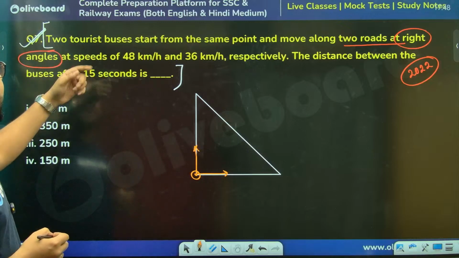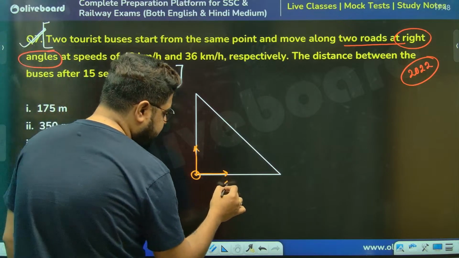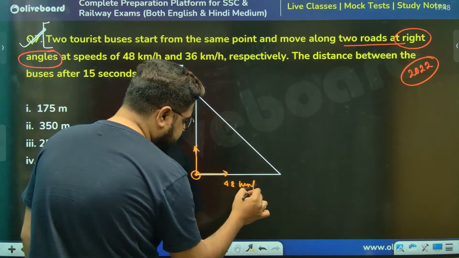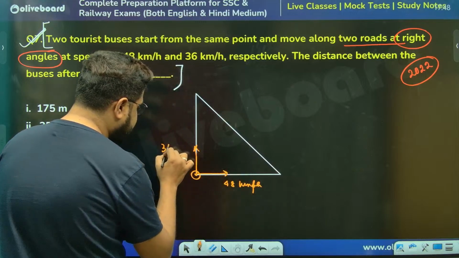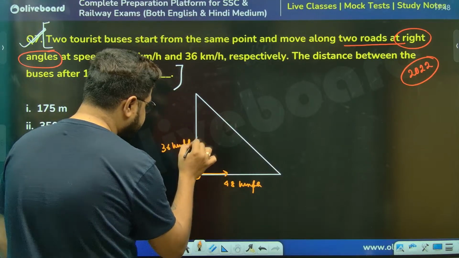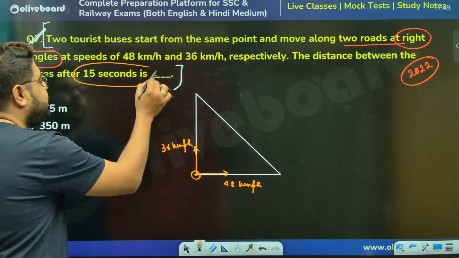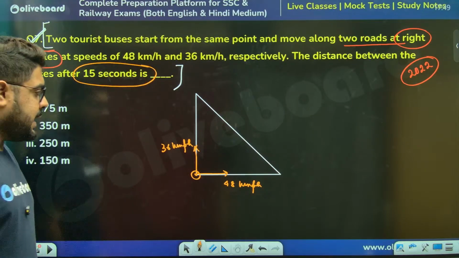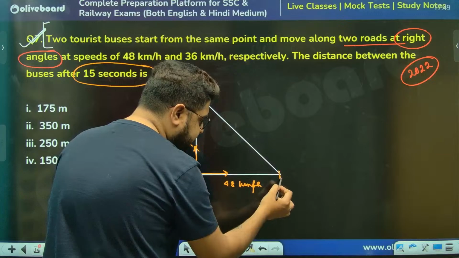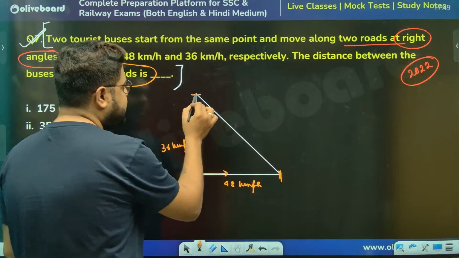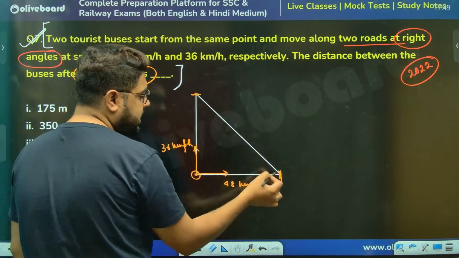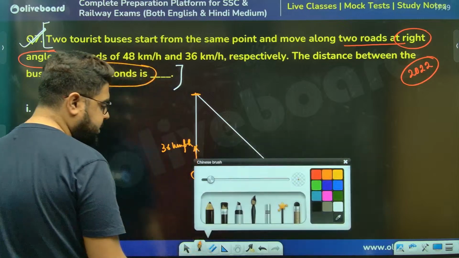One speed is 48 kilometer per hour, the other is 36 kilometer per hour. Distance between them after 15 seconds. After 15 seconds, say this bus has reached this point and this bus has reached this point.